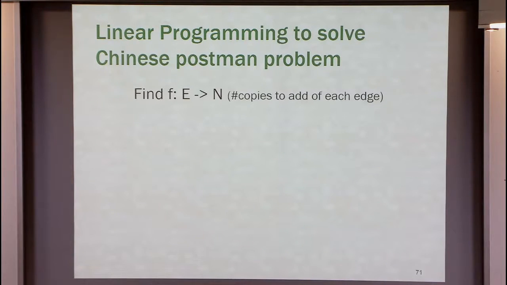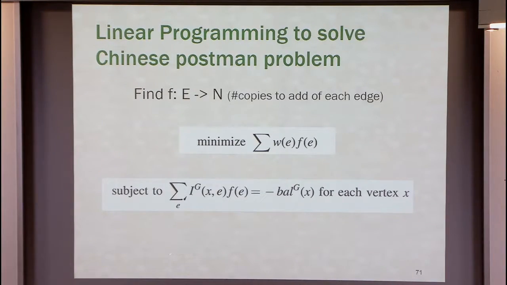So how can we solve the Chinese postman problem? Again, we take the k-mers that we saw in the data, and we put each k-mer as an edge in the graph. Now what we have to solve is the minimum cost flow, and we can do this using linear programming. We want to minimize the amount of flow that we put times the cost of traversing a flow through edge E, such that the flow that we add fixes the balance.